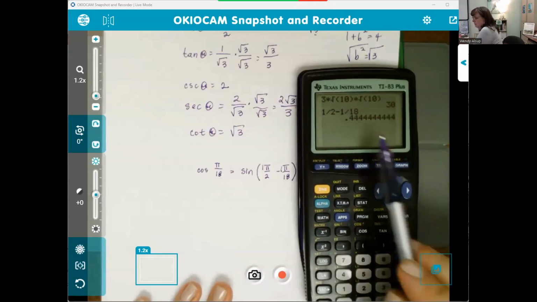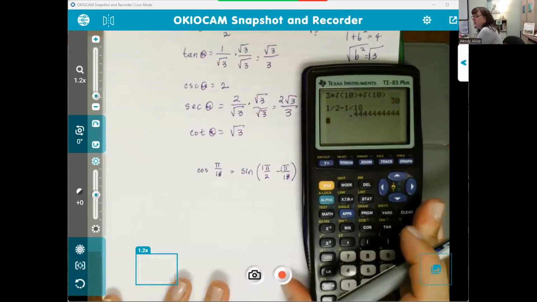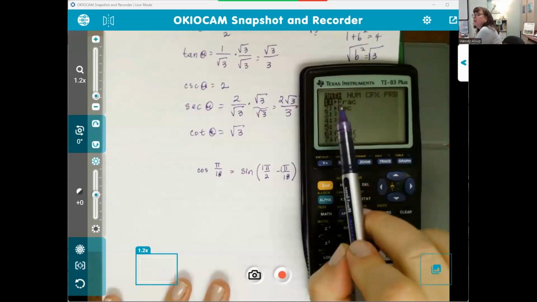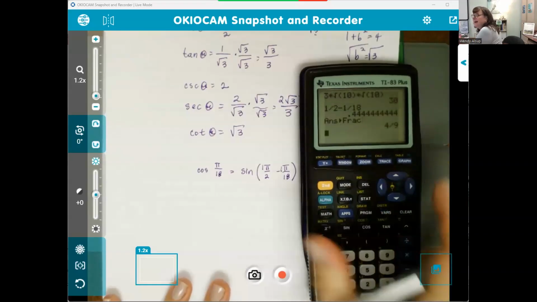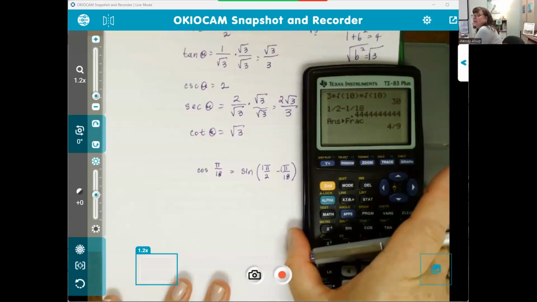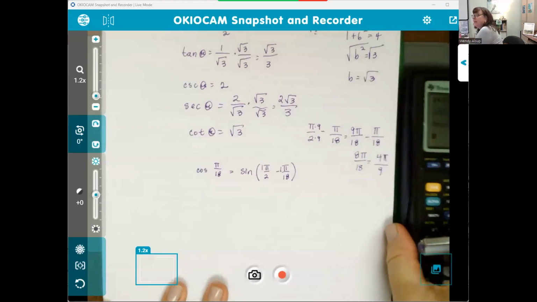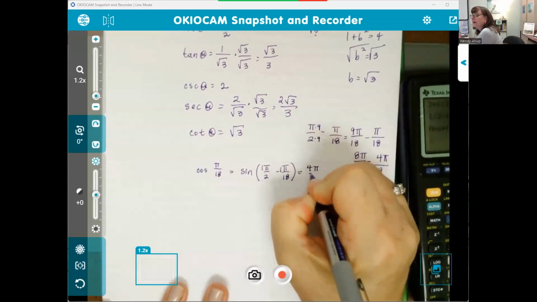I want it in fractional form. Hit math, number 1, convert it to a fraction, press enter. 4/9. So 1/2 pi minus 1/18 pi is 4/9 pi, or 4 pi over 9.